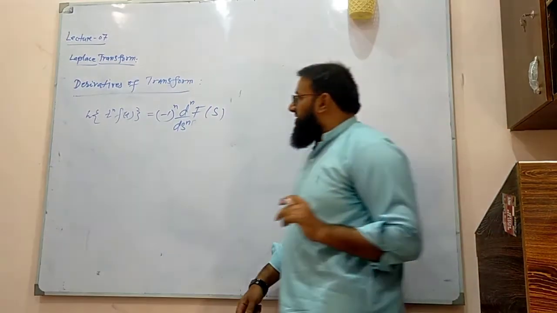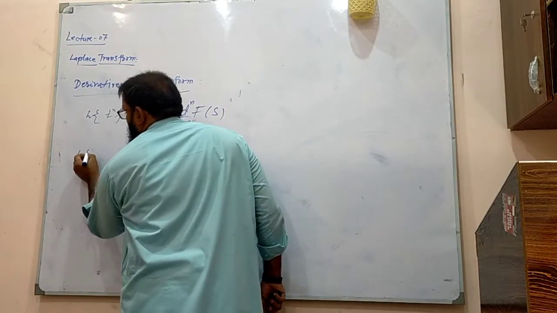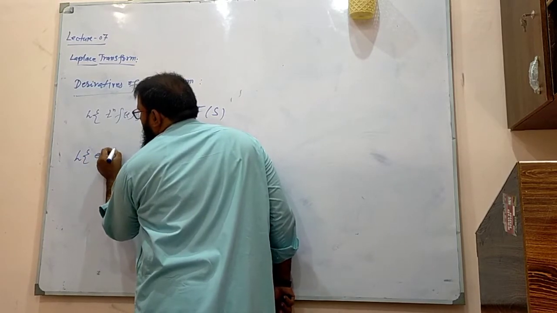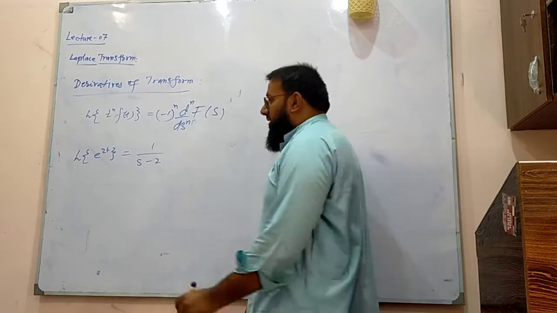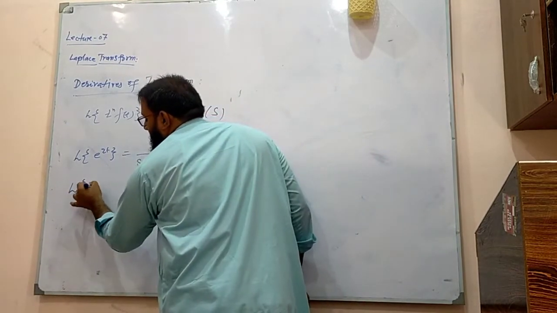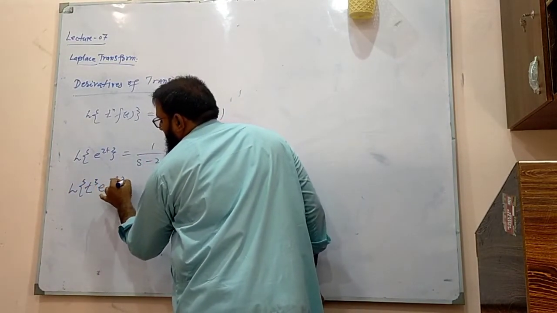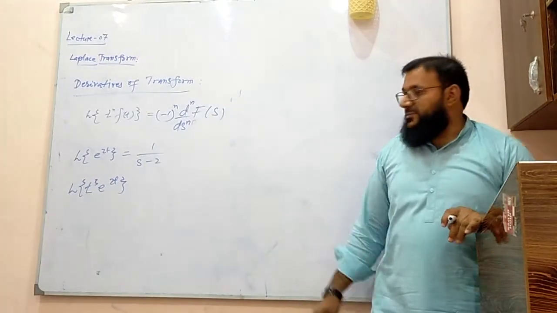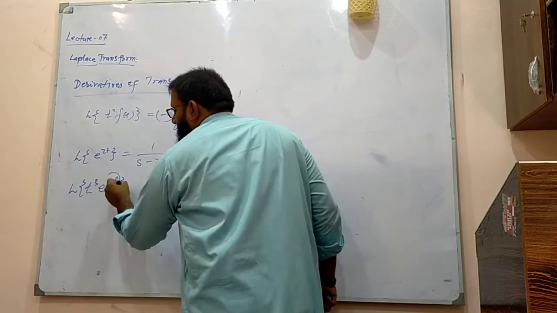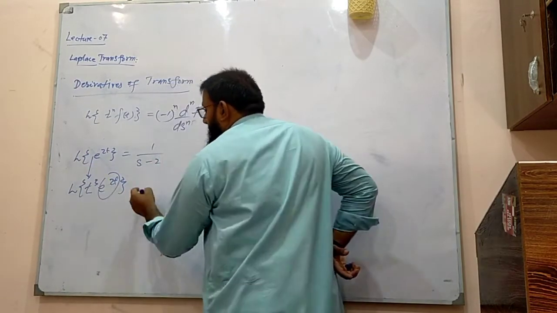And we can apply this on the same problem as well. We have the Laplace transform of e power 2t, that is 1 over s minus 2. Now I am going to multiply this with t cube. First I was using the first shifting theorem. Now I can apply this property. If this function is multiplied with t cube, then what do I need to do?